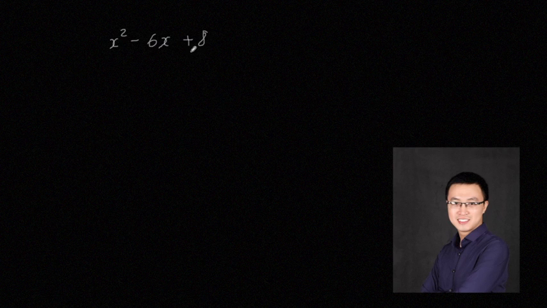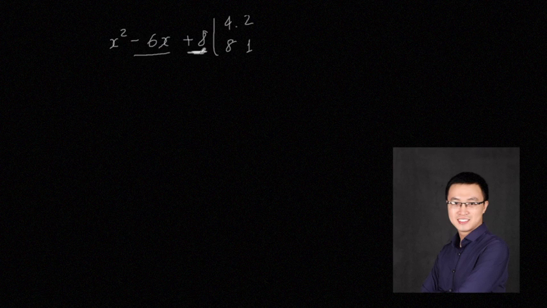The third term here is a constant number. I want to focus on the constant number 8. So I will separate 8 into factors, maybe 4 times 2 or 8 times 1, that's all. Then I will choose the two numbers that add together to equal minus 6.